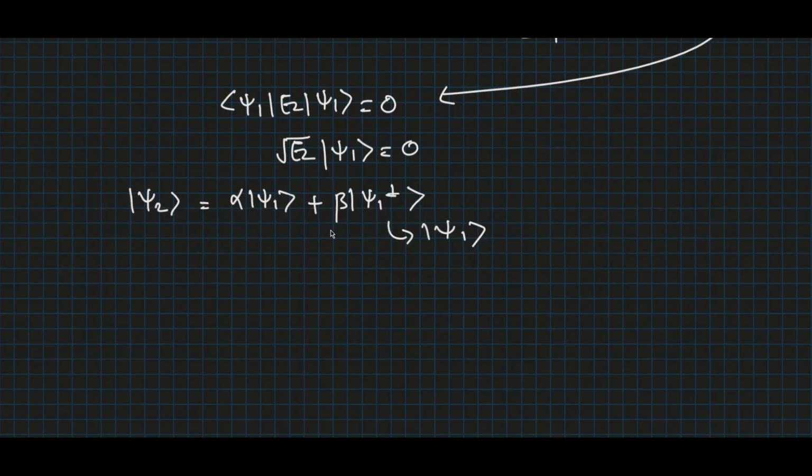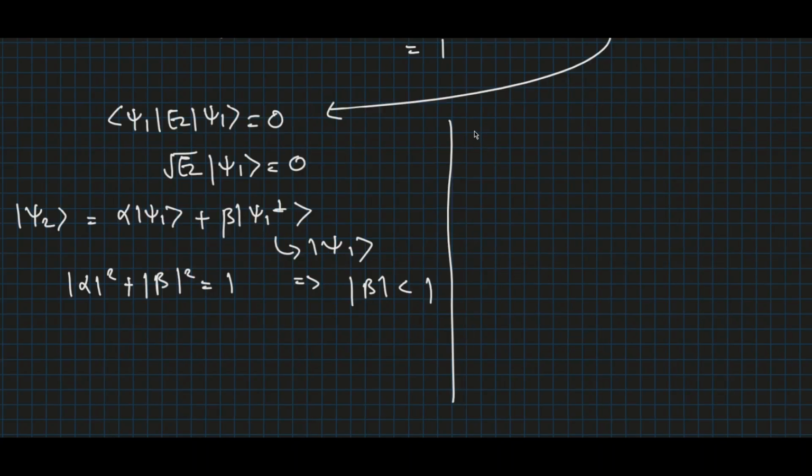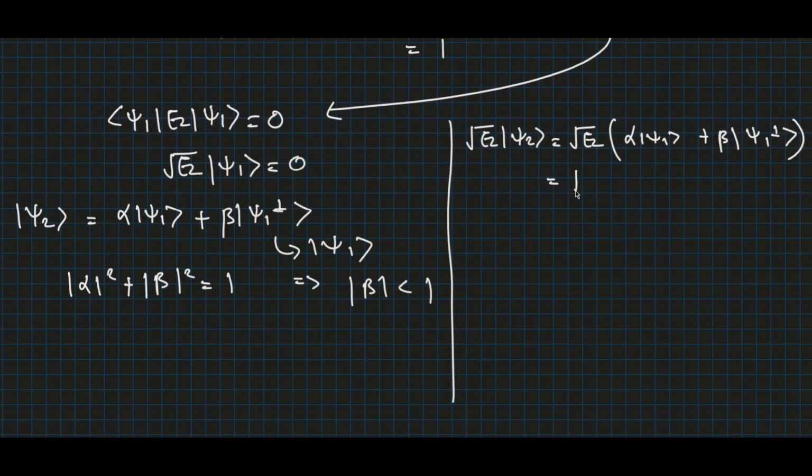So by normalizing this, we get alpha squared plus beta squared equal to 1, which implies beta is less than 1. And since psi 1 and psi 2 are not orthogonal, root under E_2 times psi 2 will be equal to root under E_2 times (alpha psi 1 plus beta psi 1 perp), which would be equal to alpha times root under E_2 psi 1 plus beta times root under E_2 psi 1 perp.